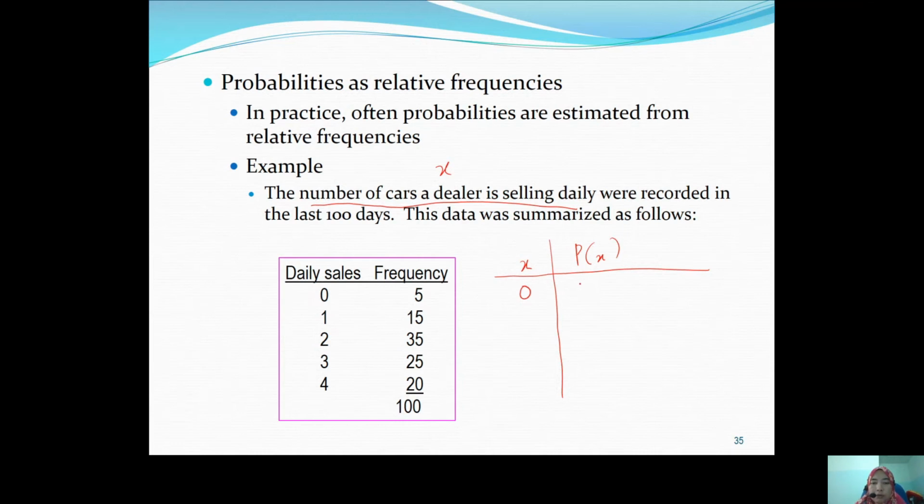For 0 we have 0.05, which we get as 5 divided by 100. For case 1, we have 0.15. For case 2, we have 0.35. For case 3 is 0.25. For case 4, we have 0.2. Then you can check that the summation is equal to 1.